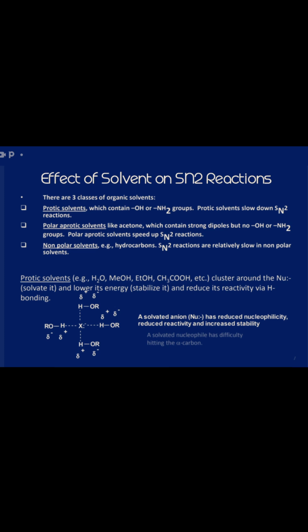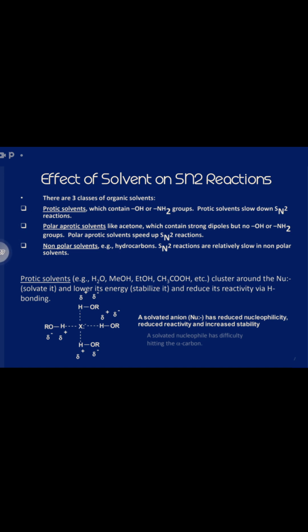In protic solvent there are OH and NH2 groups. In polar aprotic solvent there are no OH and NH2 groups. This is the point: polar aprotic solvents speed up SN2 reactions.